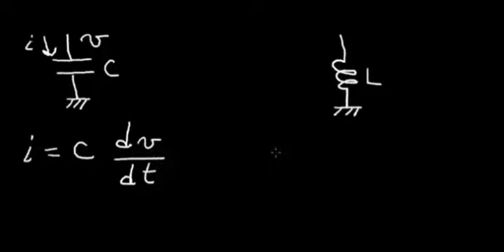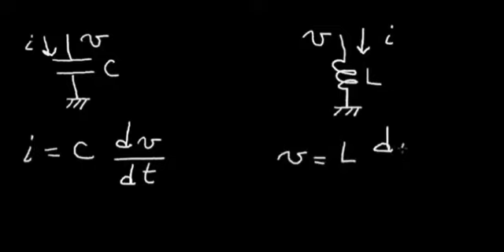If I take the inductor, and I want to do a similar thing, I want to find an equation for the voltage across the inductor versus the current I through the inductor. The equation is V equals the inductance times dI dt.